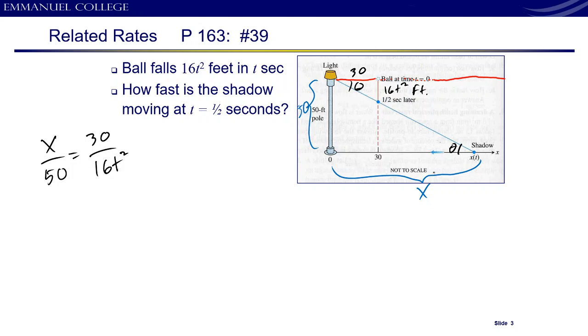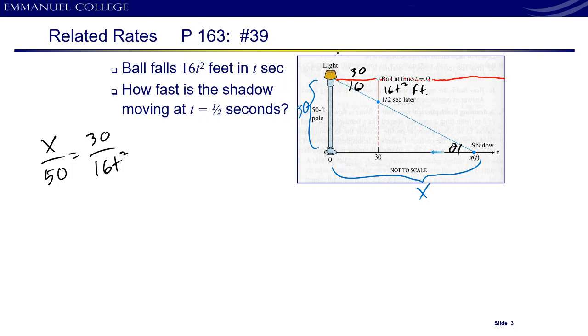This whole thing is the length of the shadow. And so it's going to be x. And then the height is fixed of the pole, it's 50. So you could do opposite over adjacent or adjacent over opposite.